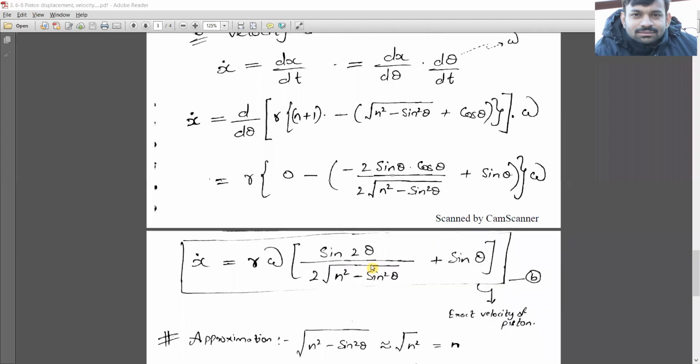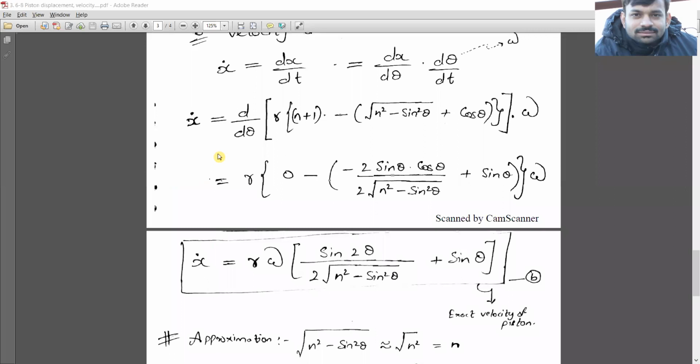Further, when you simplify this equation, you will get 2 sin theta, and this minus and minus will become plus. 2 sin theta cos theta is nothing but sin 2 theta, and the denominator is the same, 2 under root n square minus sin square theta, plus sin theta.